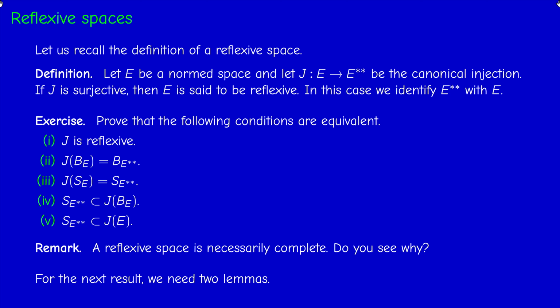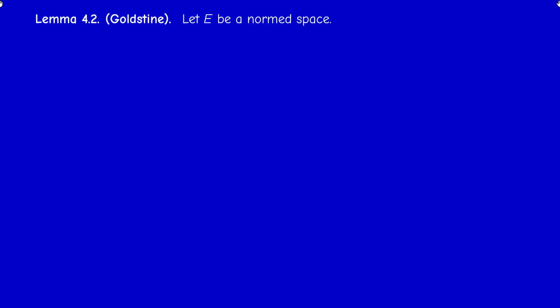Now, in order to prove the main result of this section, we need two lemmas. First lemma is known as Goldstein lemma. If E is a normed space, then the image of the unit ball of E is dense in the unit ball of the bidual for the weak star topology of the bidual, because now we have three interesting topologies on the bidual.